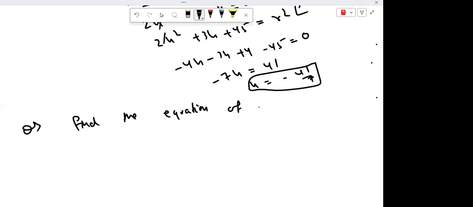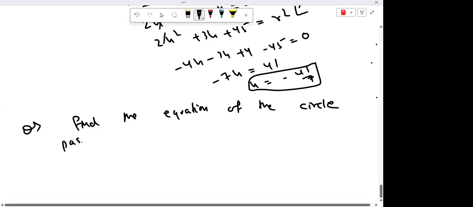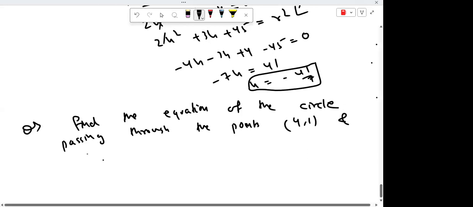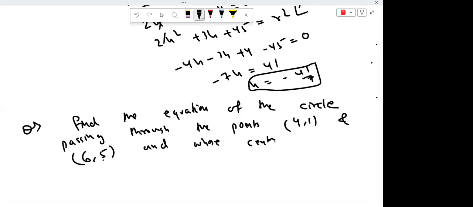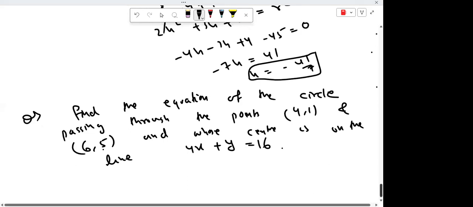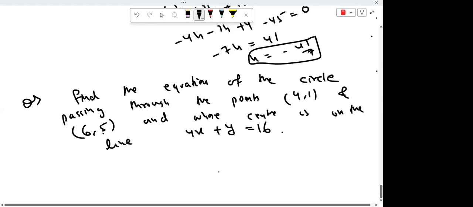Find the equation of the circle passing through the points (4, 1) and (6, 5) and whose center is on the line 4x plus y is equal to 16. Okay, similar question.